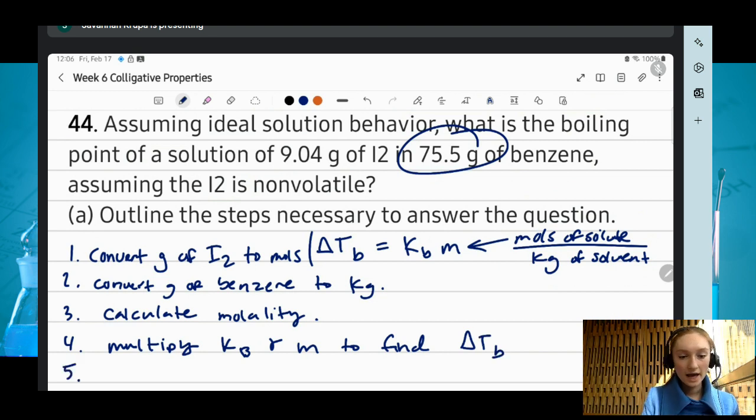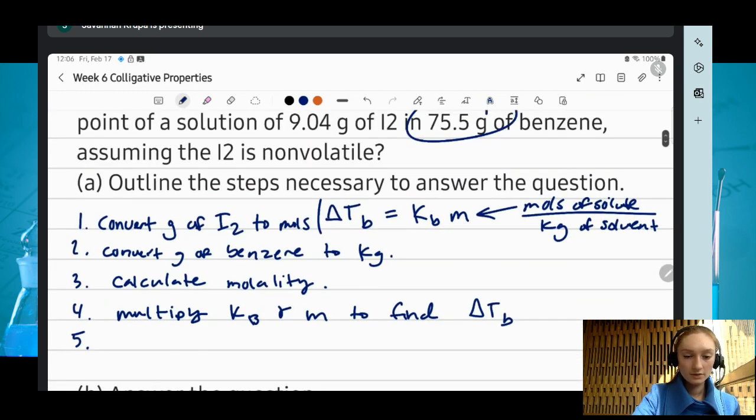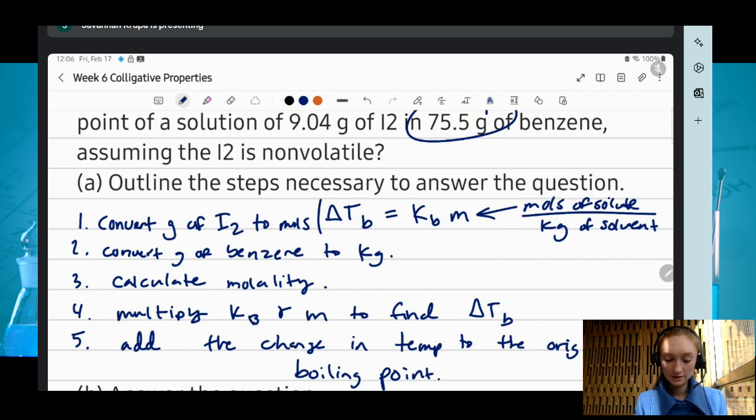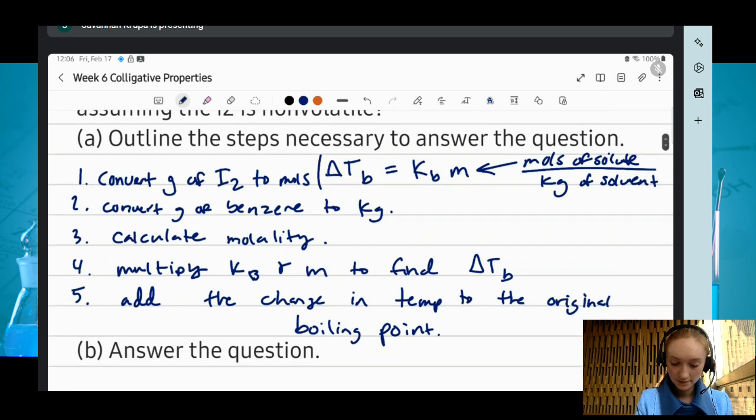And then we add the change in temp to the original boiling point. So those are all of the steps we will need to find the solution to this problem. So now let's do all of those steps.